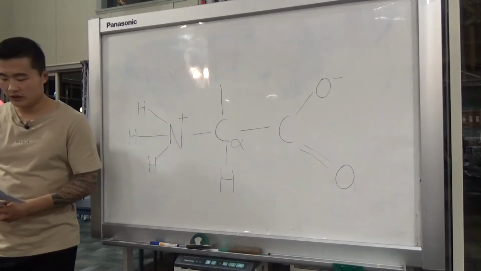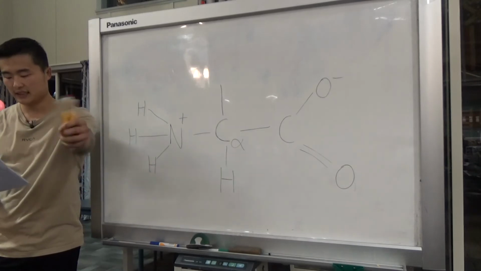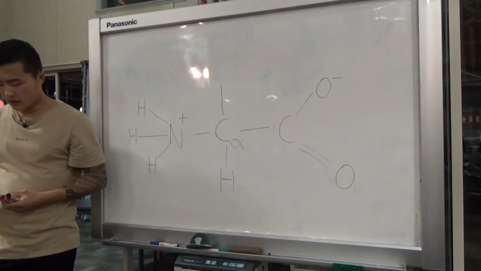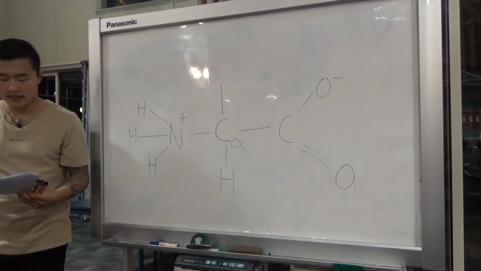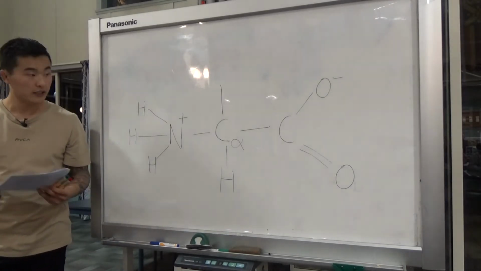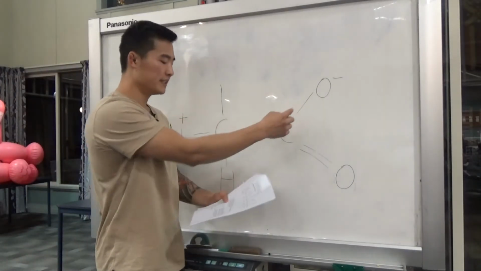And then we'll move on to acidic polar amino acids. In this case, the R group contains a carboxyl group. Remember this is a carboxyl group, the COOH or COO minus.